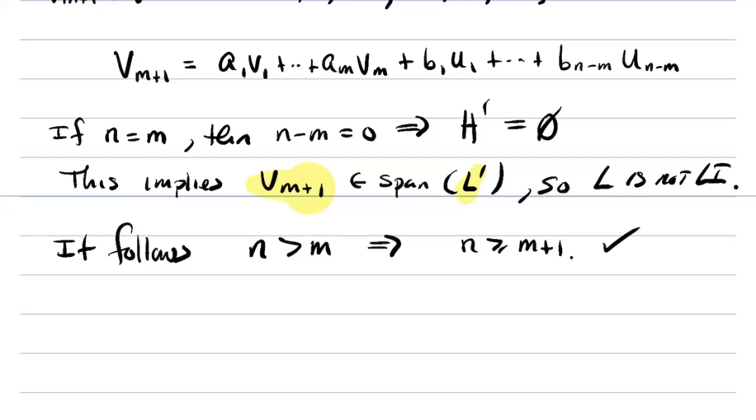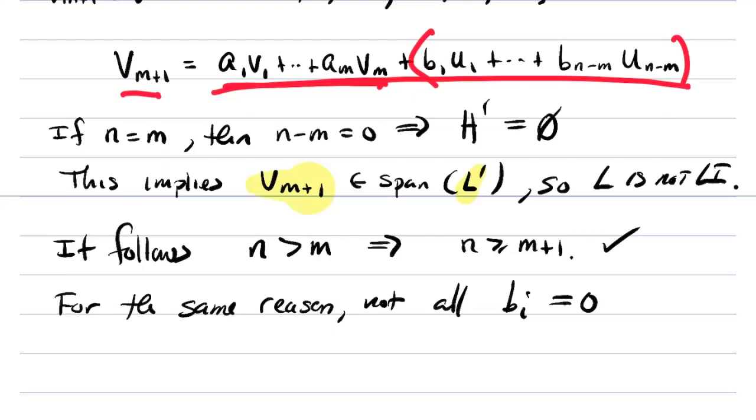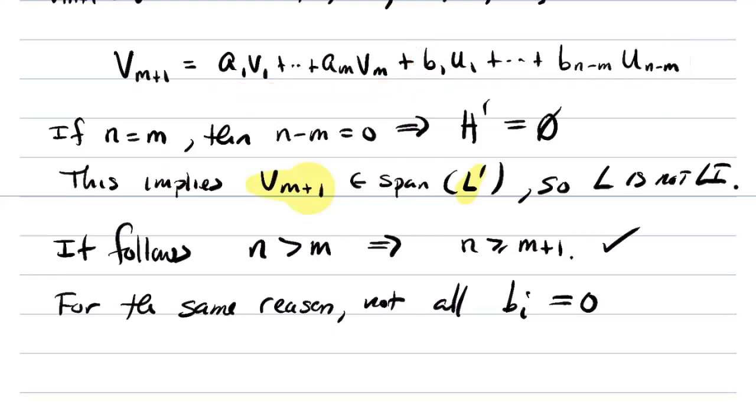Okay, so for the same reason that we just said, not all elements B_i can be 0. When you're looking at this sum up here, if all of the B's were 0, well then again, V sub m plus 1 would be in the span of L prime. It's a contradiction. So at least one of these B's isn't 0.